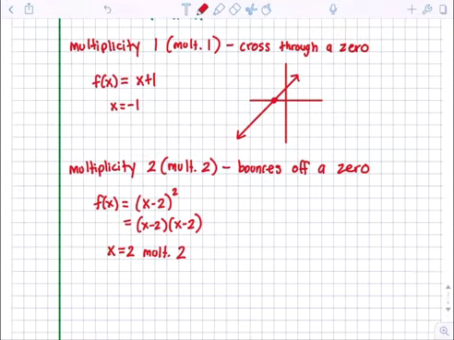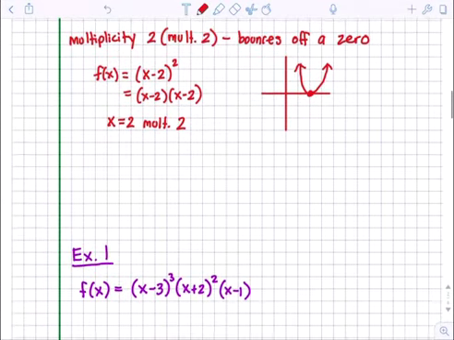And if you were to look at a graph, at 2, the graph is going to bounce off at that 0. Just like that. Notice how that graph just bounces off that 0 at 2 because it's a multiplicity of 2.